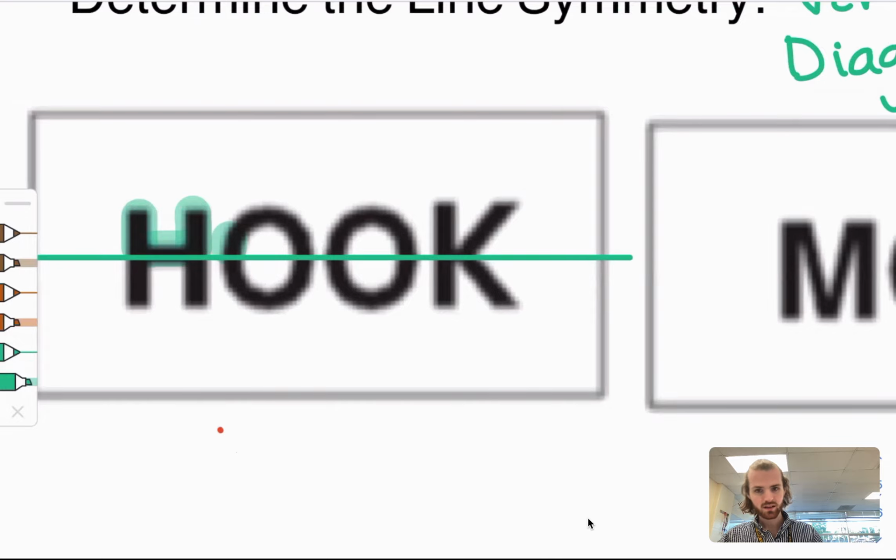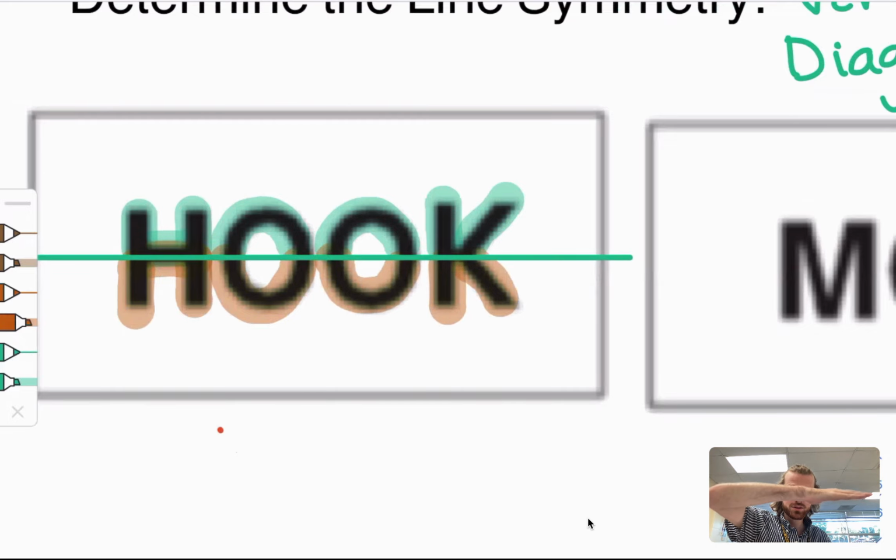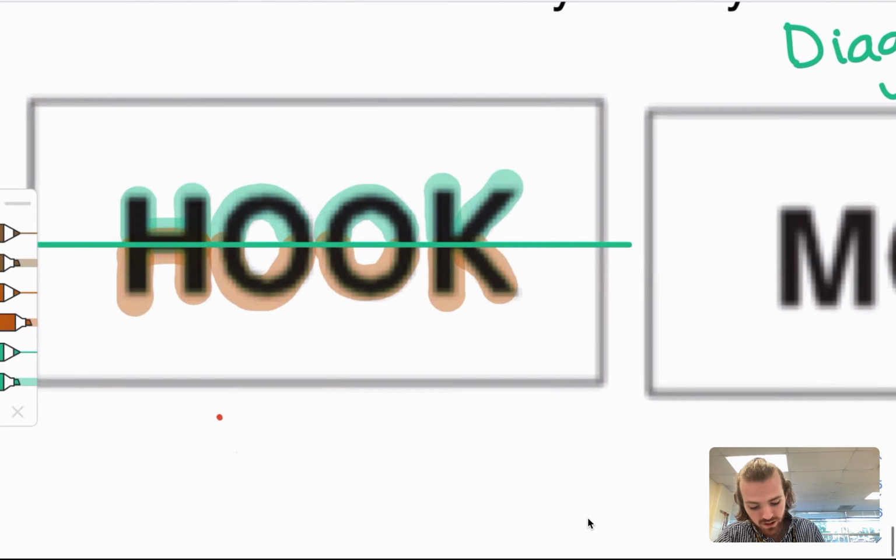See how I'm highlighting what we see on that top side? If I mirrored that or reflected it down, do you see how it would create that word hook? So because we can cut it and it would still look the same, or really fold it on top and we'd get the same thing, it does have horizontal symmetry.